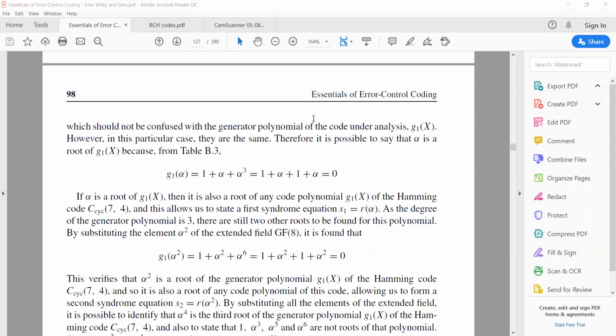So here the generator polynomial equation is of degree 3, but we have yet computed only one root. So we have to calculate the other 2 roots.